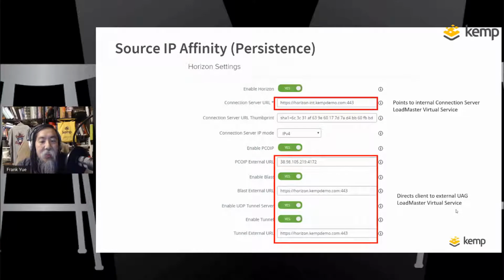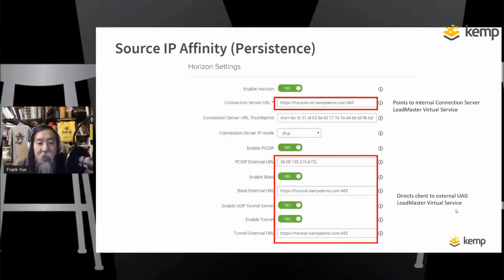On the Horizon UAGs, the 90 and 91 servers, this is how I want to configure them. You can see, number one, I have the connection servers at the top that I've highlighted. Horizon-int.kempdemo.com, port 443. That's the virtual IP on the internal load balancers going to the connection servers.